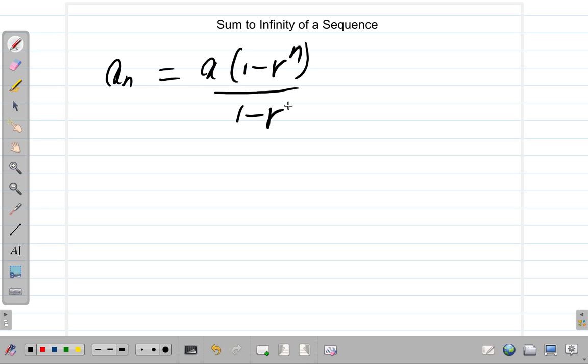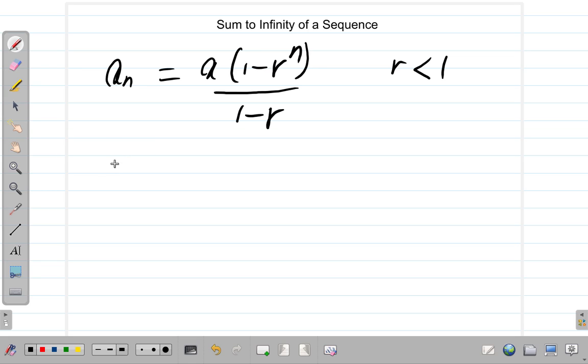Now, if r is less than 1, what would r to the n be? Now you will find that when r is less than 1, and you have r to a large power, r to that large power will be a small number.